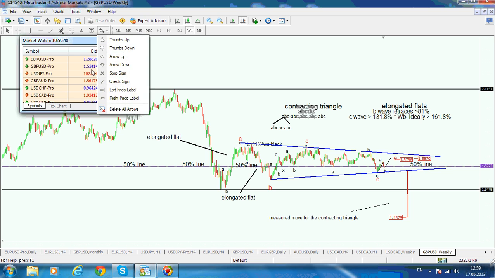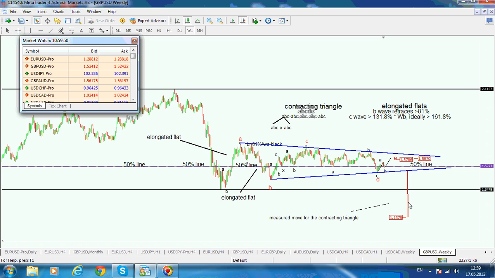So my target out of this measurement would be something like this, something like 124. And then I will look at the smaller time frames like the 1-hour chart and 5-minute chart in order to see more clues about possible reversal patterns that we might have.